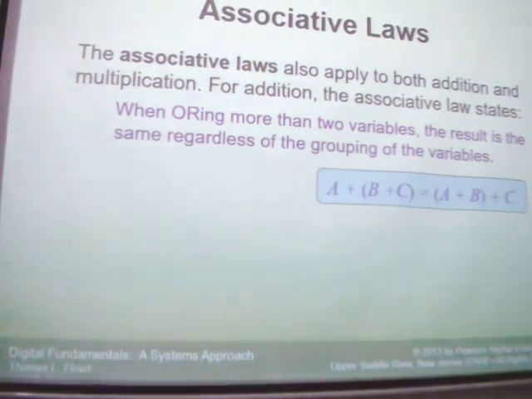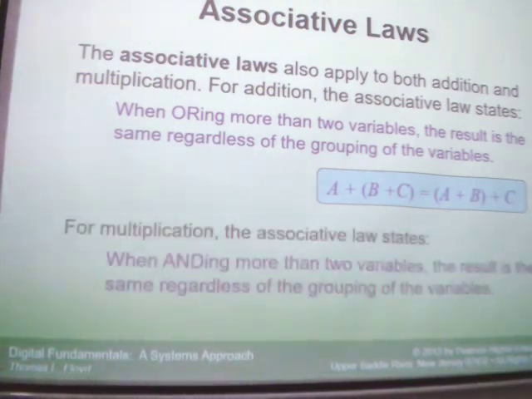For example, A or (B or C) equals (A or B) or C. For multiplication, the associative law states the same: A and (B and C) equals (A and B) and C.